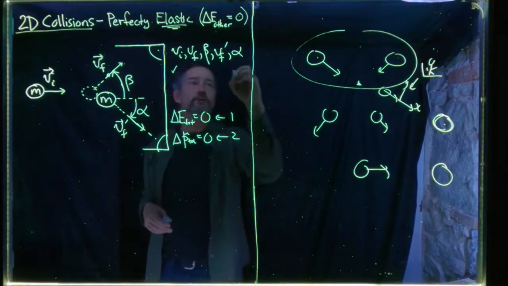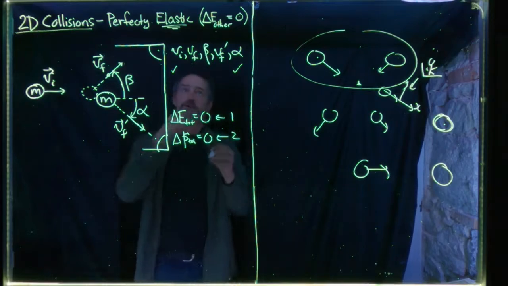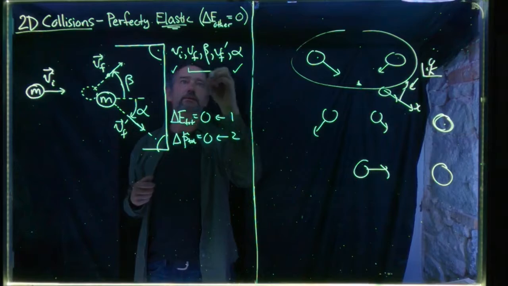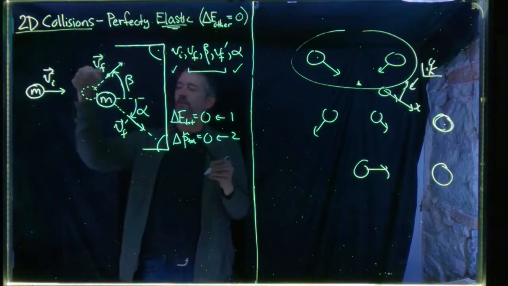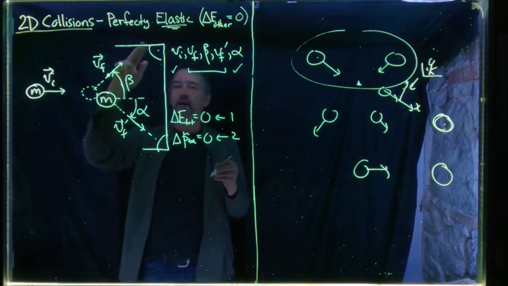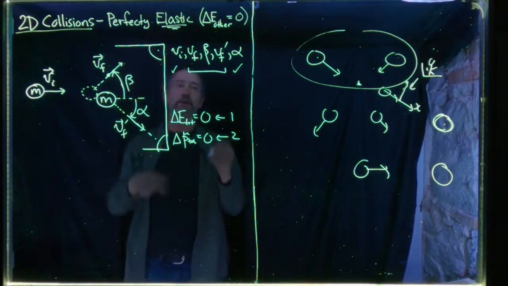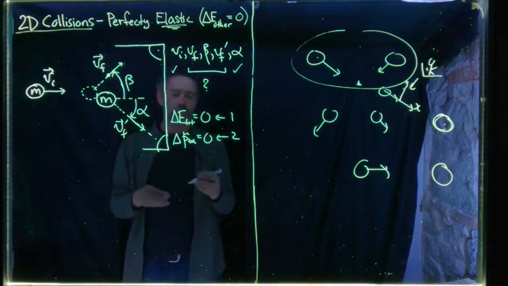So we will specify those 2. And then we have 3 equations, and we can solve for these 3 unknowns: the final speeds of the white ball and the colored ball, and the angle at which the white ball takes off. And then we're going to ensure that that angle is such that the white ball doesn't go in that pocket. So this is what we're going to solve for.